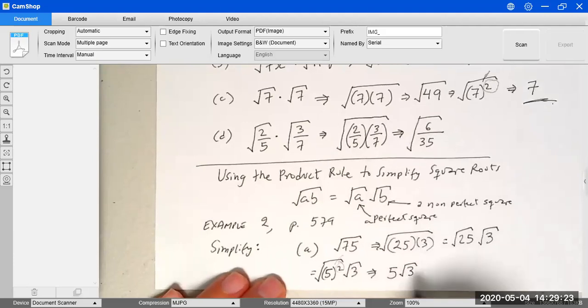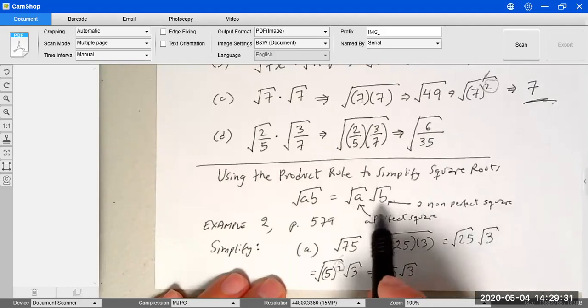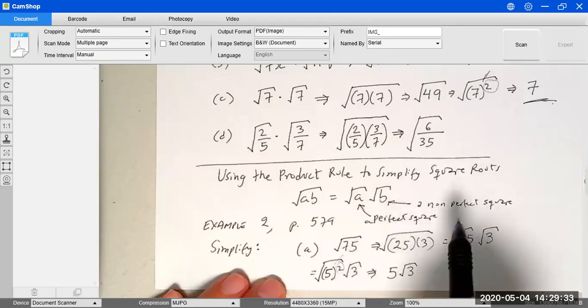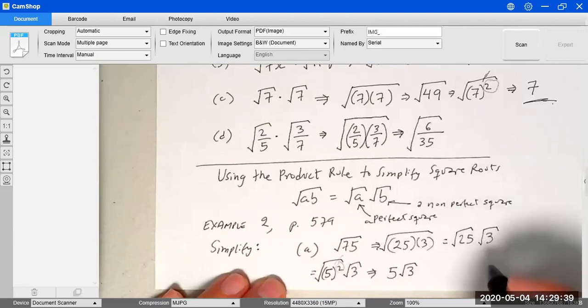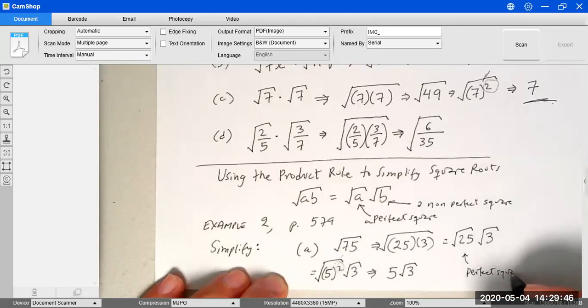So you can see here that this 5 is now like the coefficient of this radical. And that's the reason the order in which we write this radical is important. This is something that I do, from experience. My first radical is for perfect squares, always my first radical.